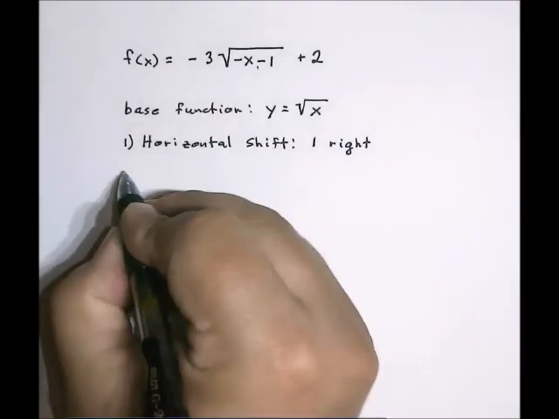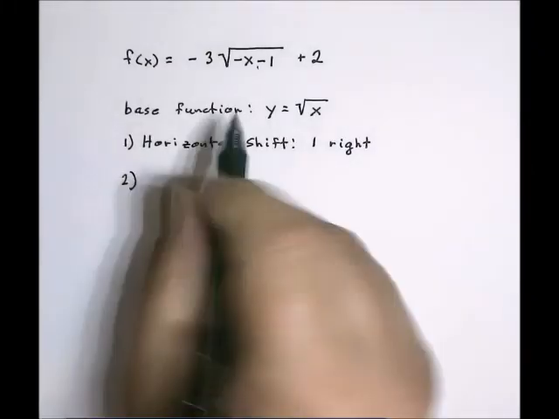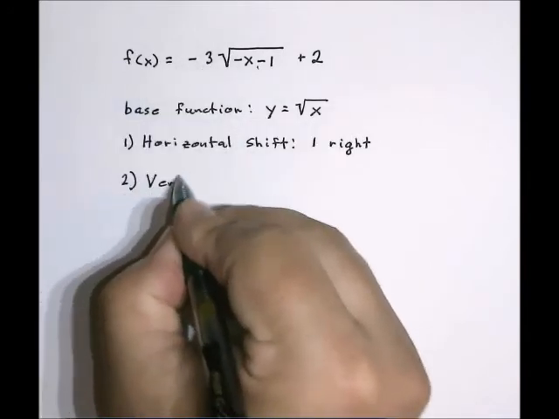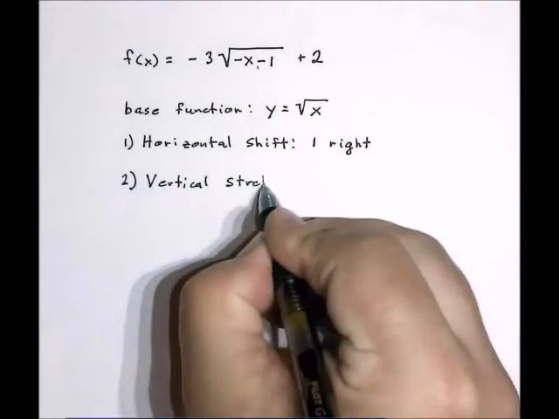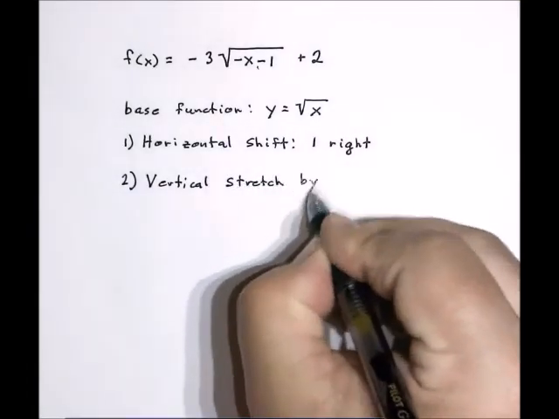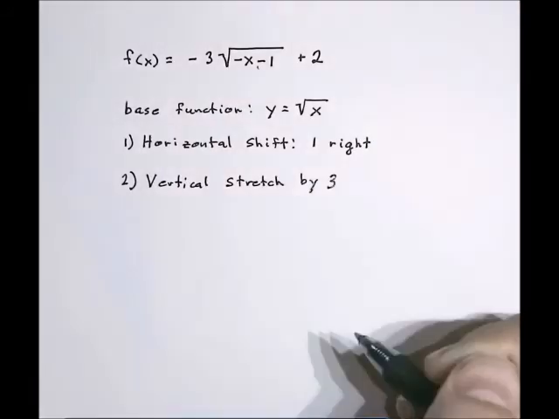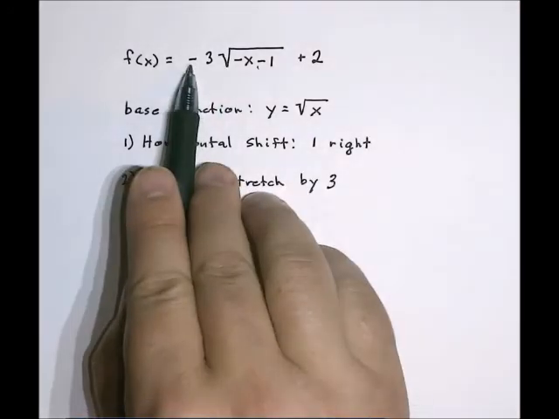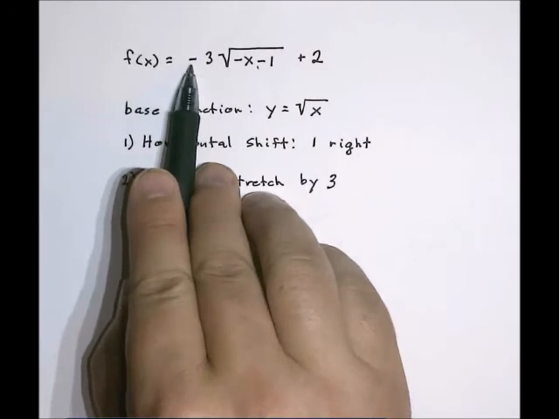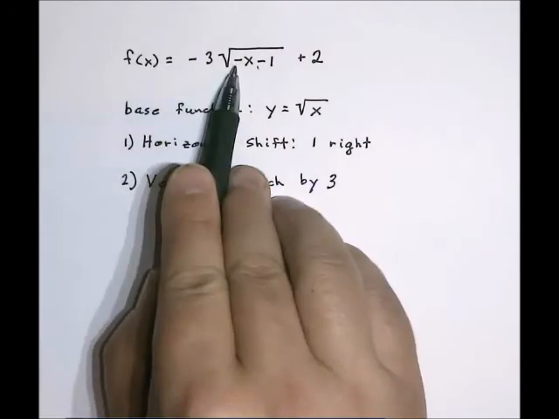Now we do our stretches and compressions. I have a 3 here, so it's a vertical stretch by a factor of 3. Now I do reflections. I have an x-axis reflection and a y-axis reflection.